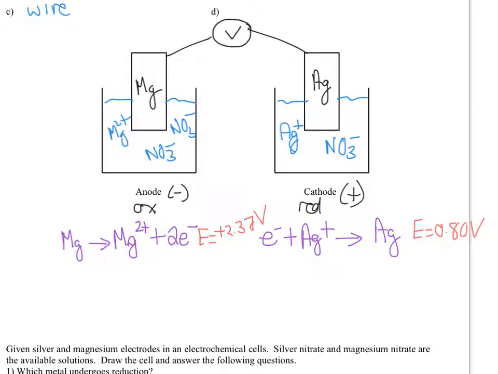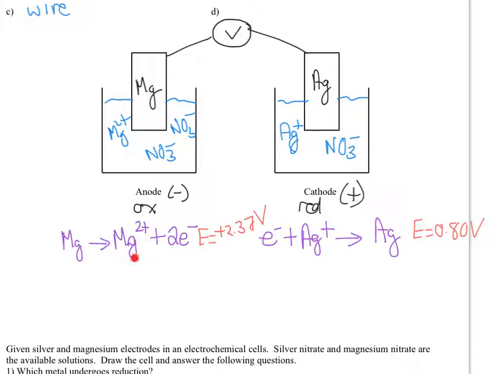Let's start with the magnesium reaction here. So it's saying that magnesium turns into Mg2 plus and 2 electrons. So this piece of metal undergoes oxidation. It turns into Mg2 plus and electrons.